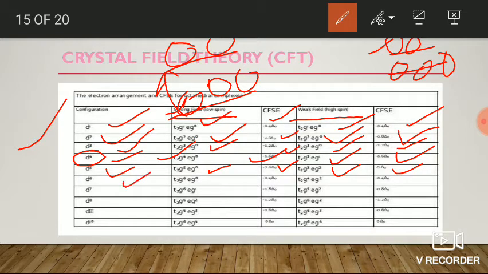In the case of d6, it is T2g 6 Eg 0, so 6 into minus 0.4, that is minus 2.4. In the case of weak field, pairing takes place in the T2g, that is 4 into minus 0.4, minus 1.6, plus 1.2, that is minus 0.4.